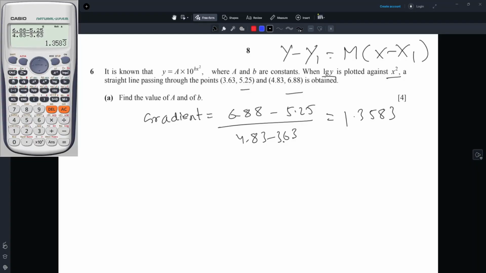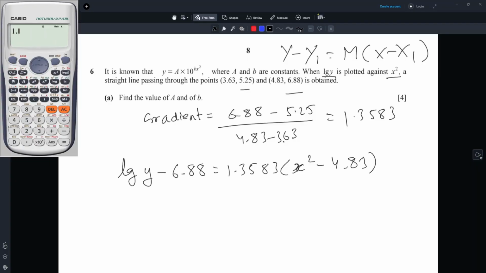Now after that we have LGY minus, I'm going to take this point, for example, 6.88 equals 1.3583 x squared minus 4.83. So I go back here and do the multiplication of 1.3583 times 4.83.